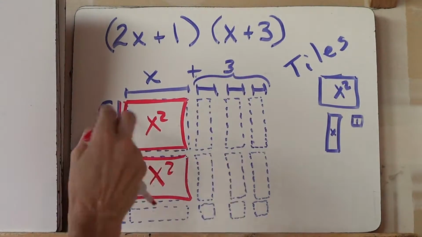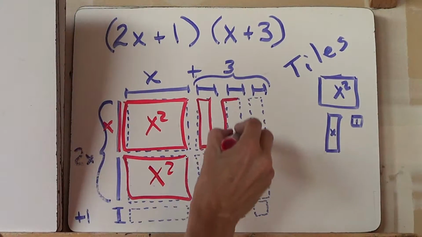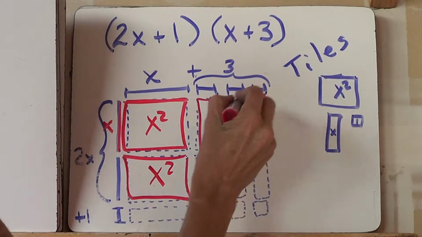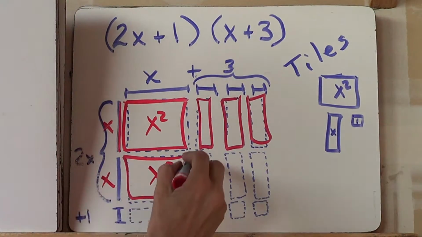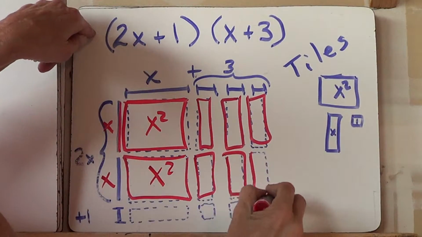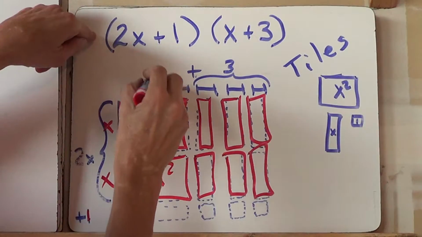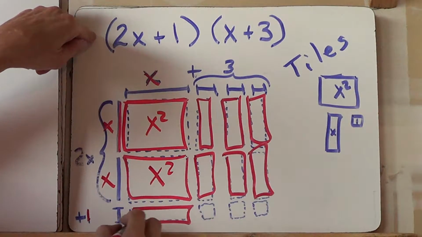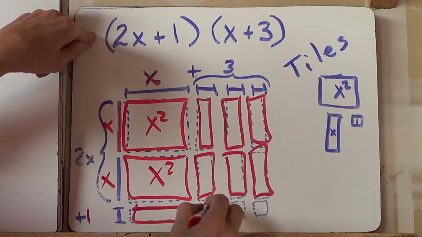Now, 3 times x will be 3x. Those long skinny ones are x's. 3 times this x will be 3x. And 1 times x will be another x. And then 1 times 3 would be 3.